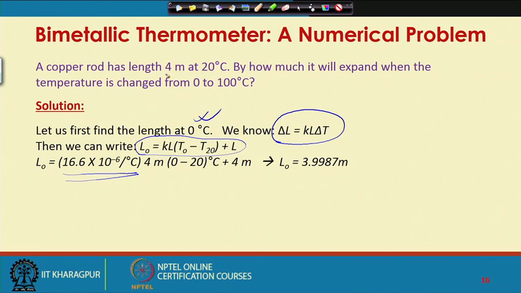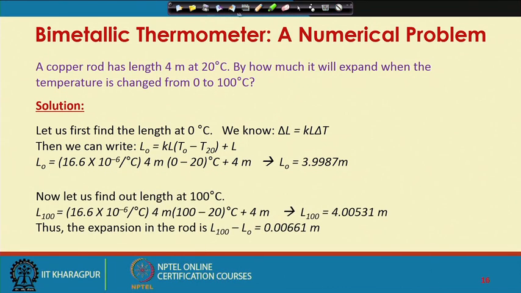L is 4 meter at 20 degrees Celsius. So, the length at 0 degrees Celsius is this. Similarly, you can find out the length at 100 degrees Celsius using the thermal expansion coefficient and length at 20 degrees. So, at 100 degrees Celsius it becomes this.